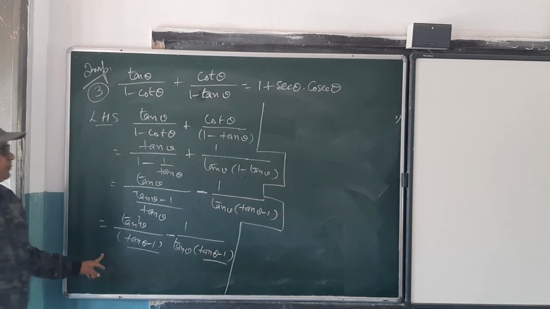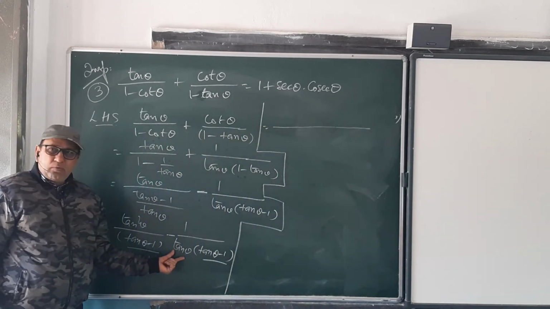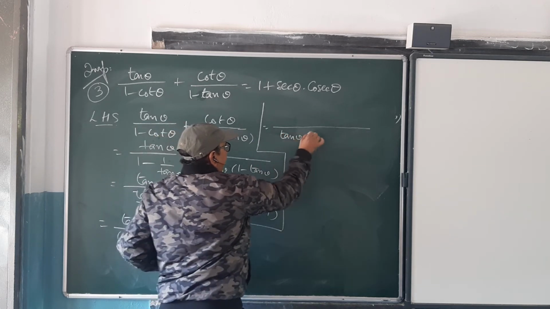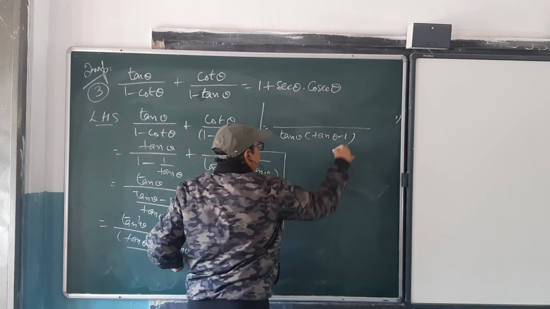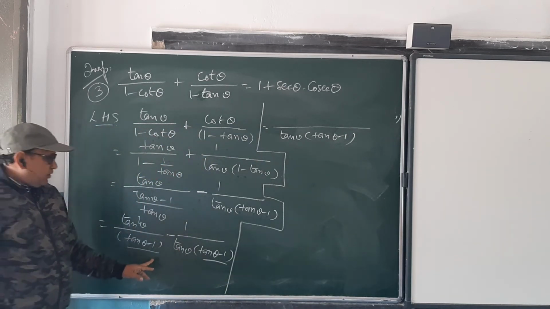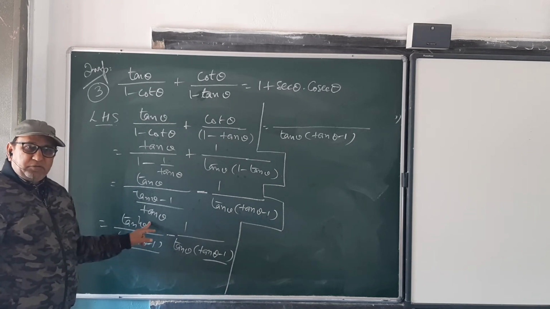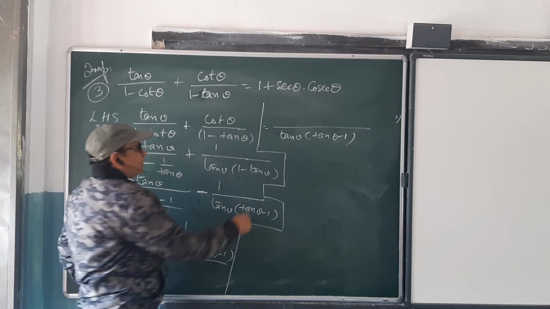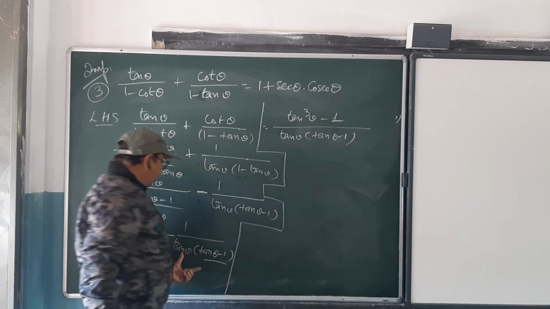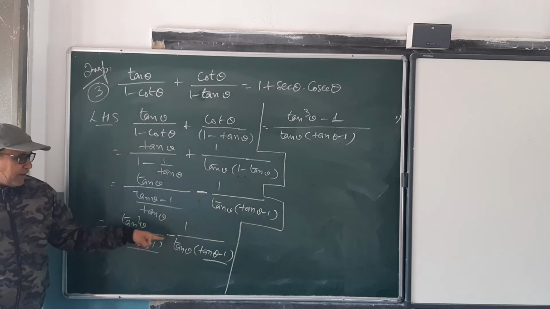After taking the LCM, it becomes tan theta into tan theta minus 1 in the denominator. Then what is remaining? tan square into tan, tan square theta into tan theta becomes tan cube theta, and minus 1, because it completes the LCM. So tan square into tan becomes tan cube, and minus 1.